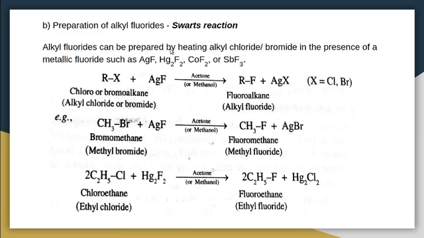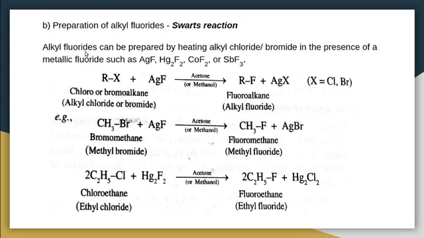Let us see another halogen exchange reaction, that is the Swarts reaction. This is a specific reaction for the preparation of alkyl fluorides. The Finkelstein reaction is specific for the preparation of alkyl iodides, whereas the Swarts reaction is specific for the preparation of alkyl fluorides.